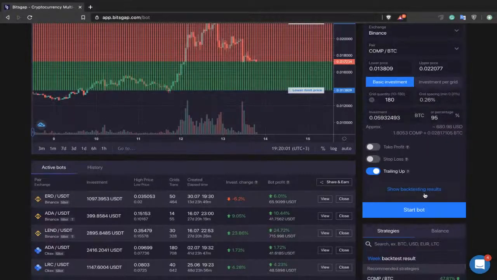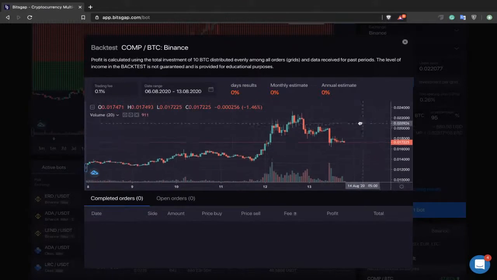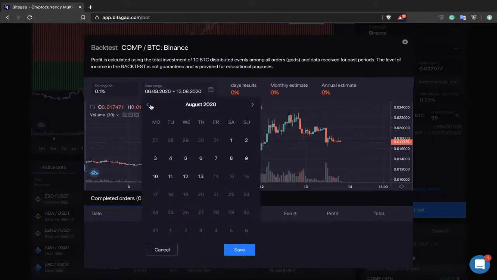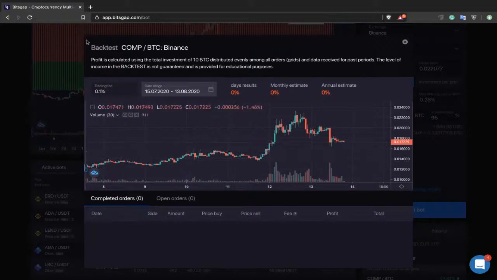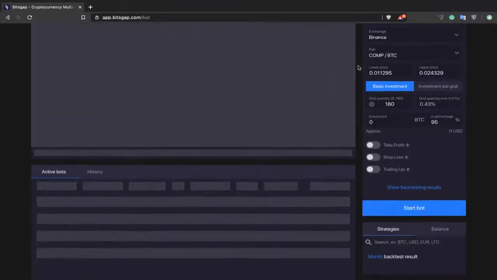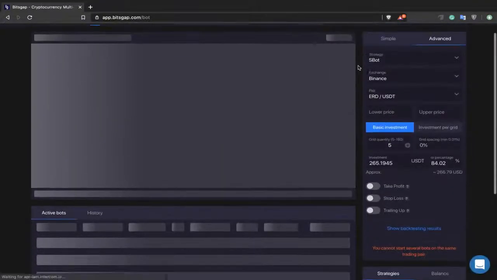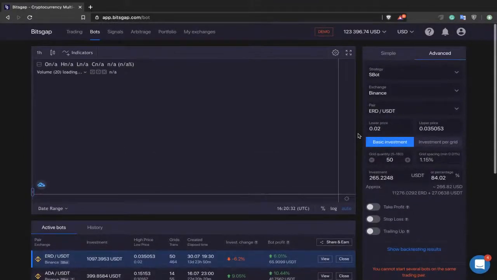Let me actually refresh it once again, because it can be due to my internet connection issues that it's not calculating 15th of July until, let's say, today. Okay, let me refresh the page. It's actually not the problem of Bitsgap that it's not loading right now.